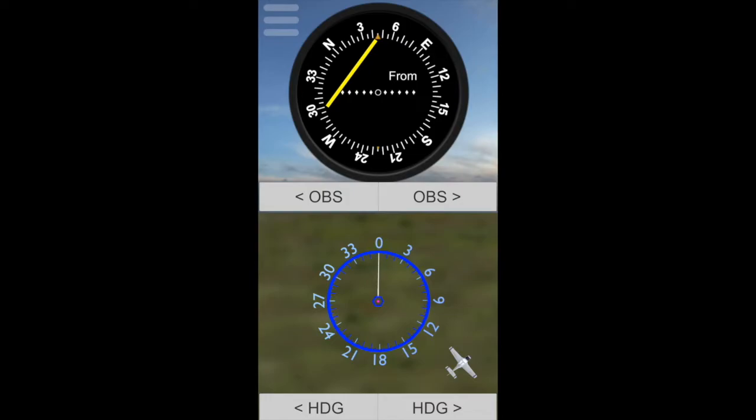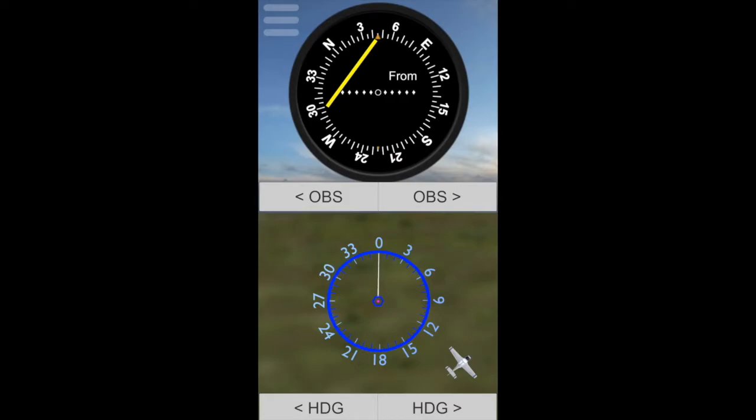What is 090 outbound, 090 inbound? Well, 090 outbound from the VOR is 090 from. That means 090 going out, and 090 inbound is actually direction 270 if you are on that radial. It's the opposite direction, tracking towards the VOR.